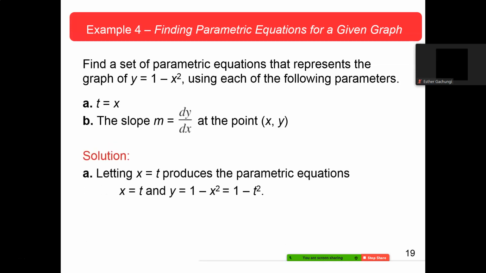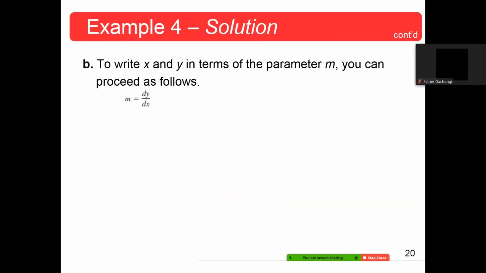So the first one, let x equal t, that produces a parametric equation. y is equal to 1 minus x squared would be y is equal to 1 minus t squared. So there are your two equations. Here's the first one, x equal t. Here's the second one, y is equal to 1 minus t squared. That's it. Done. Now to do the next one, write x and y in terms of parameter m, you proceed as follows. Take the derivative.